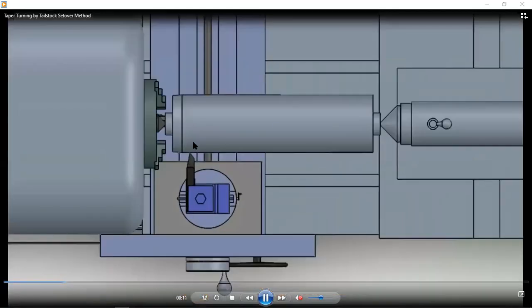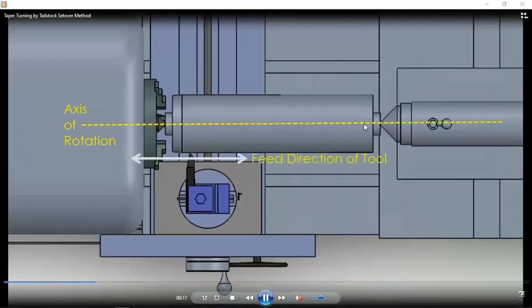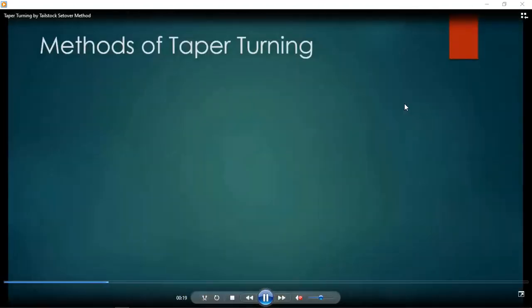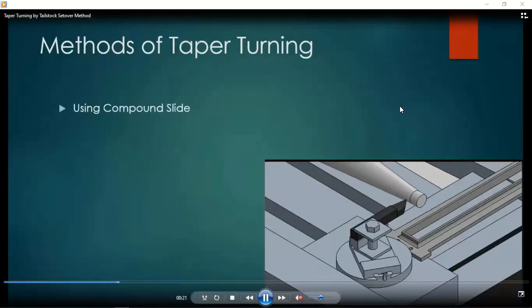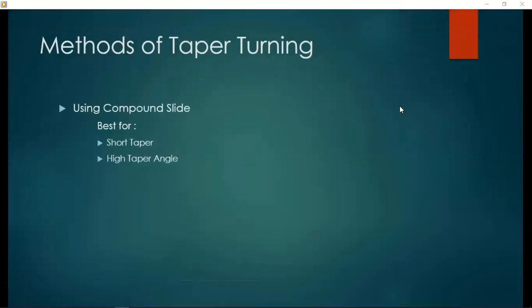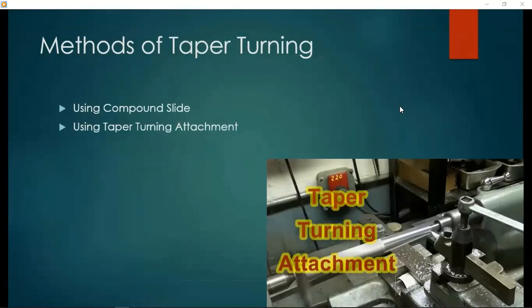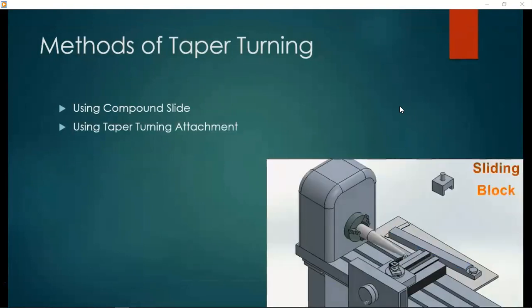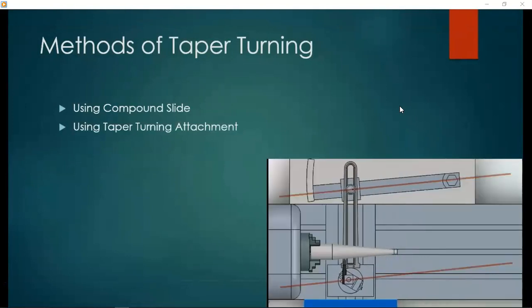If you look at this workpiece, it is at an angle given by (D minus d) by 2l into L. The tailstock is offset to that particular given amount, and the axis of rotation of the workpiece is then parallel to that axis. We need to shift the tailstock to a calculated amount.